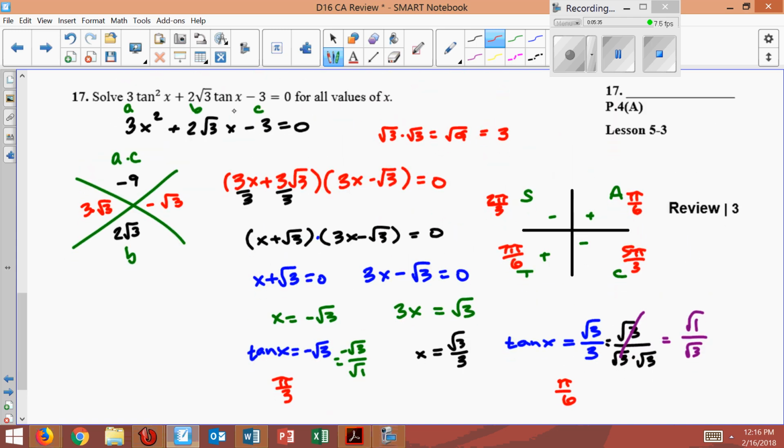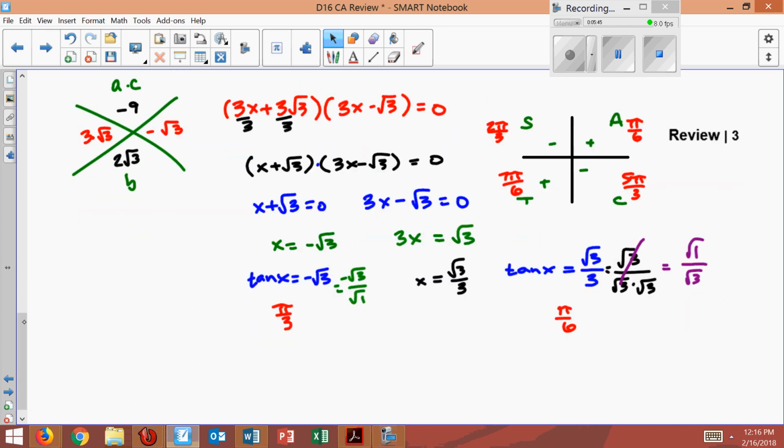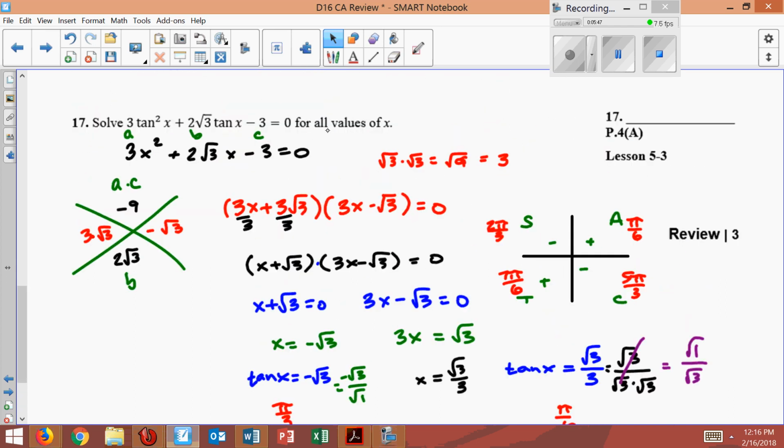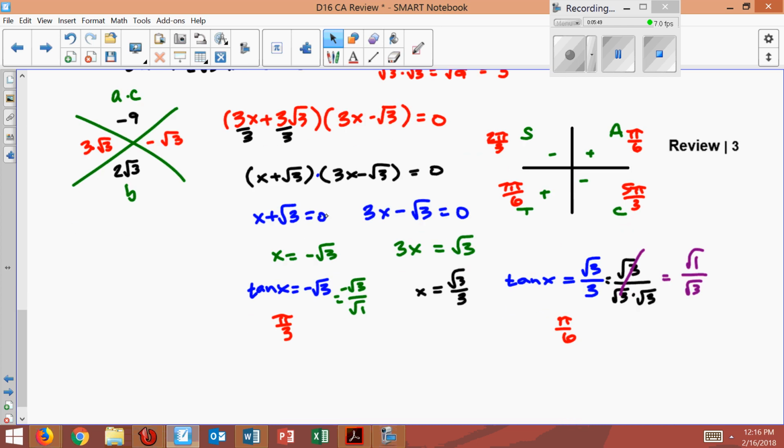You could plug them in to check them. Or what I'm going to do is go over to the graph and see how many times this would possibly cross. Or actually, you know what? It says solve for all. So when it says all, it includes coterminal. So I'll just write them out, and I'll write with the coterminal symbol. So you'd take the first value, which is here.